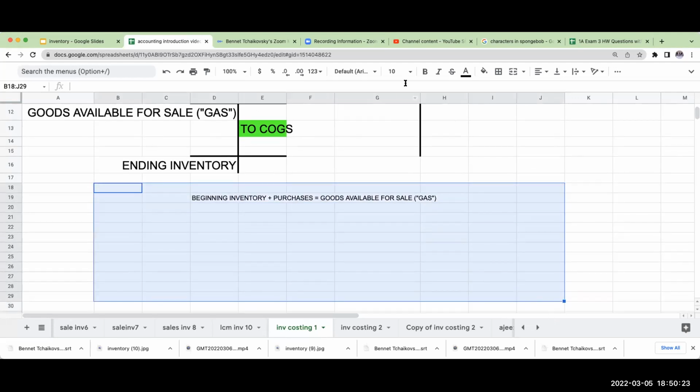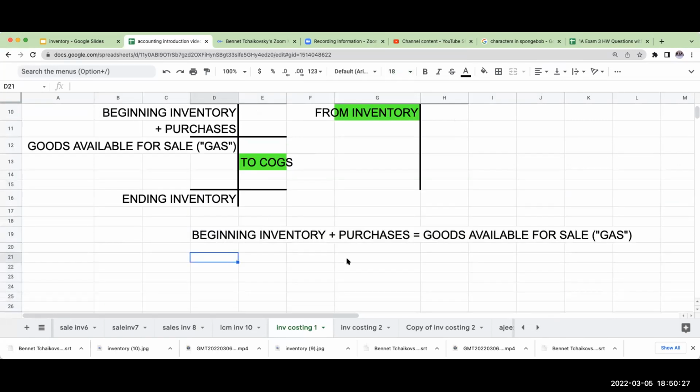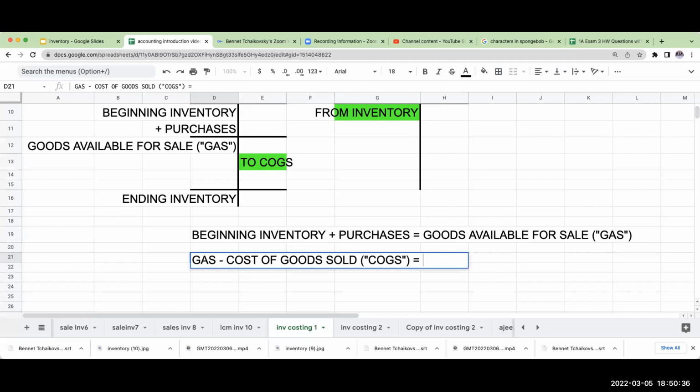So we've got this first part of our equation. Then what I can also say is my GAS minus my cost of goods sold, or COGS, is going to equal my ending inventory.